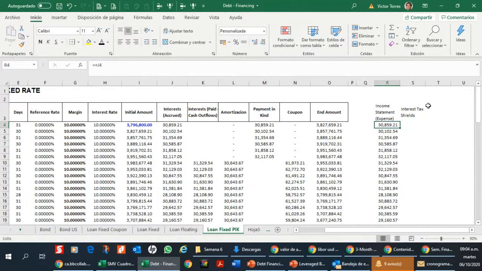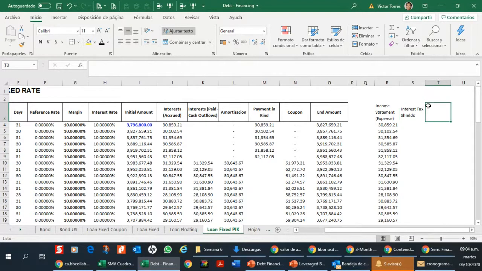We're going to have to consider that this interest that appears over here in the expense generates an interest tax shield. So if you are using the adjusted present value methodology, it allows you to correctly calculate the interest tax shield you're going to be having, right? It's still going to be an expense over here in general.